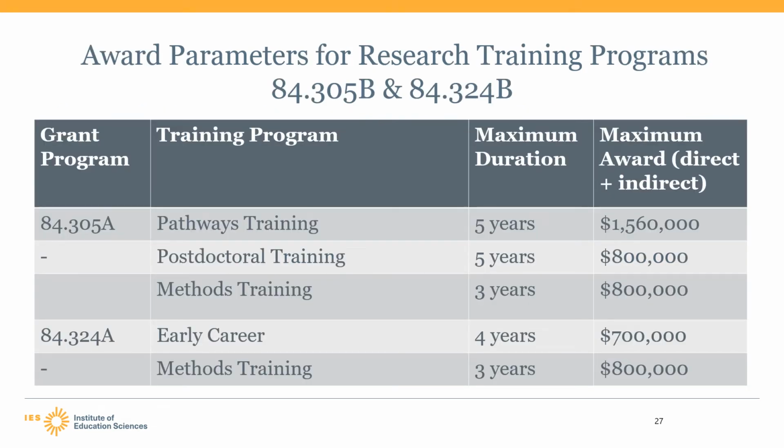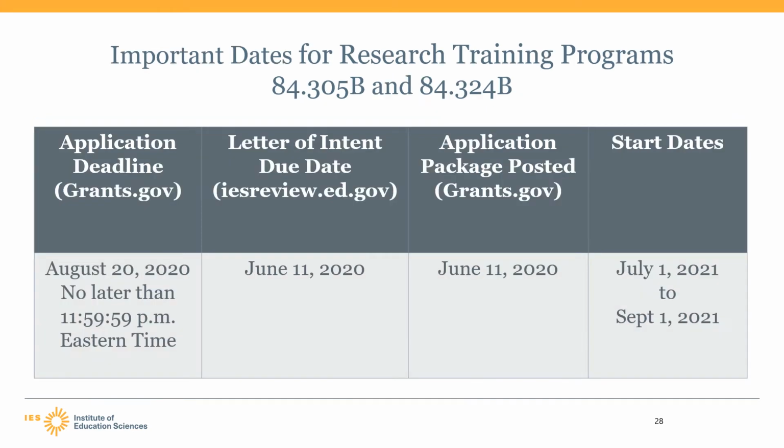These are the award parameters for the research training programs, including the maximum durations and the maximum award amounts. This slide includes important dates for 84.305B and 84.324B.